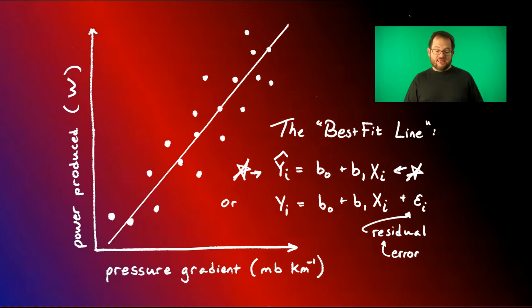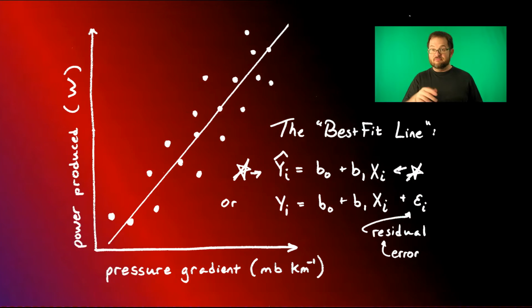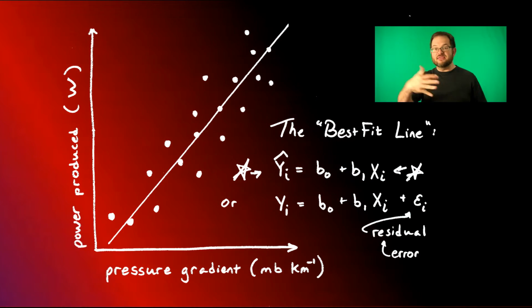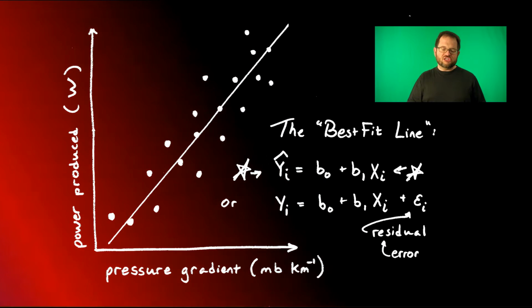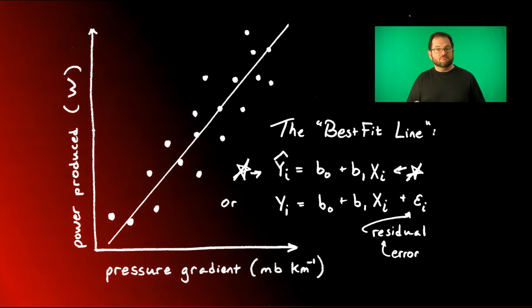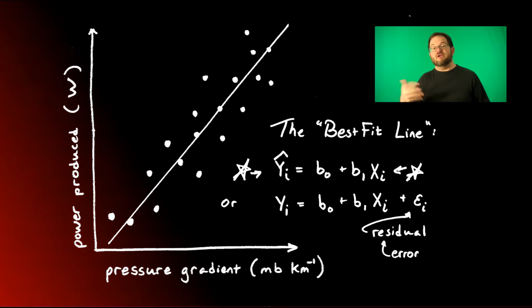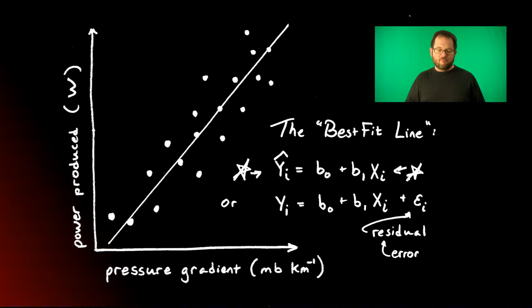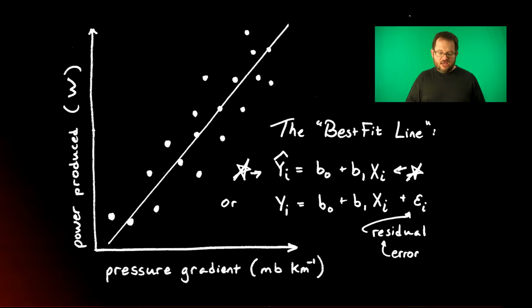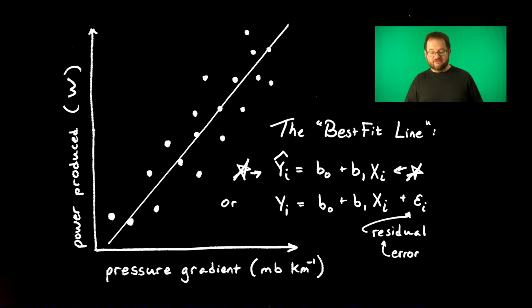We could say that y hat, our estimate of y at time i, our ith estimate anyway of y, would just be b naught plus b1 times our xi. Whatever our value of x is at this time, we can use our regression parameters b1 and b naught to come up with an estimate y hat of i.